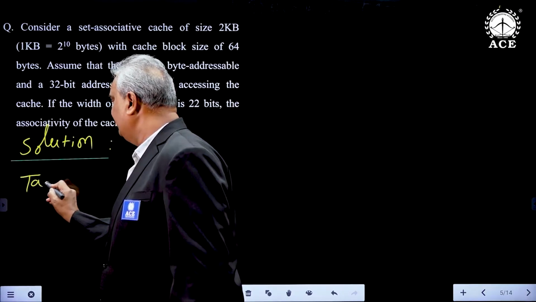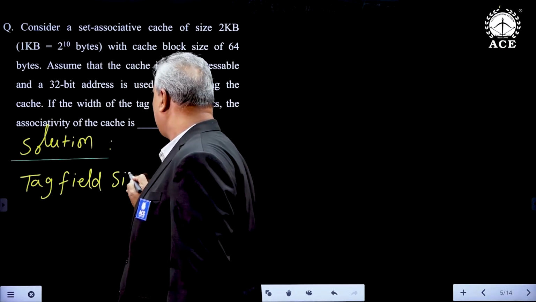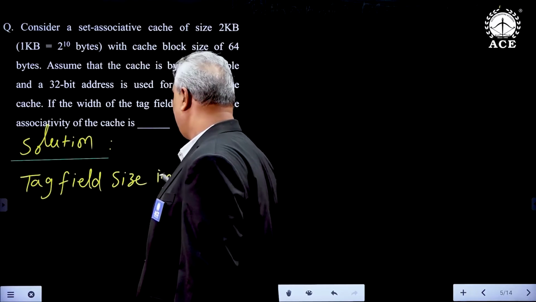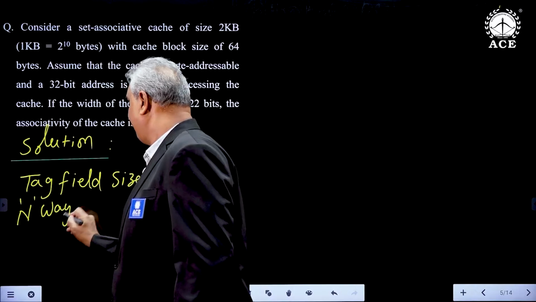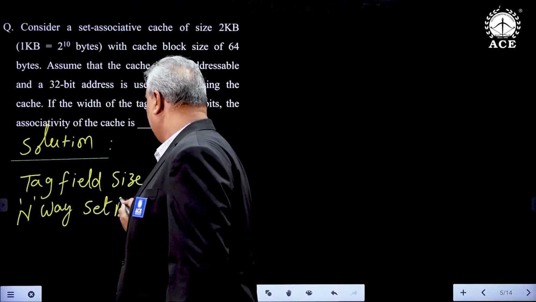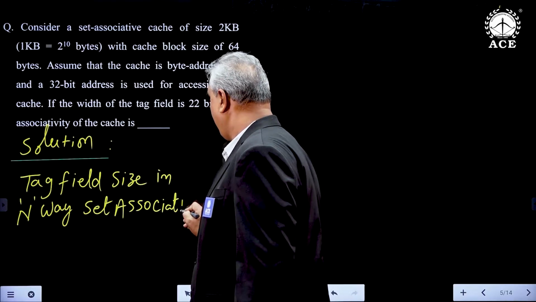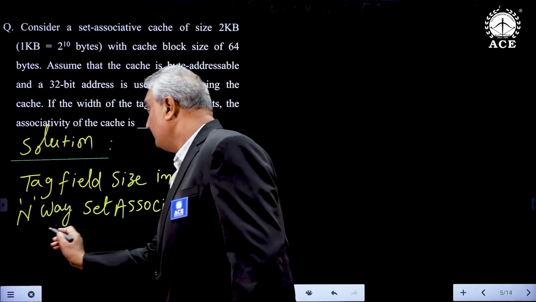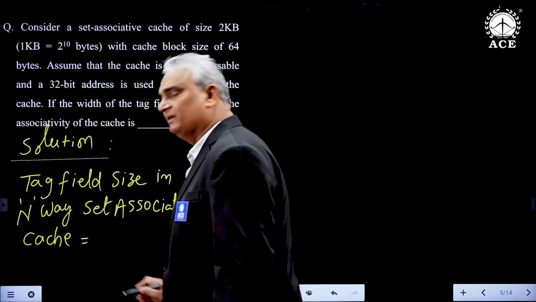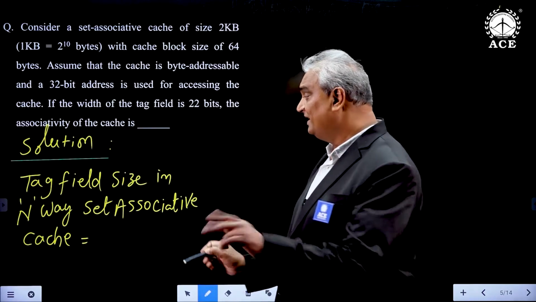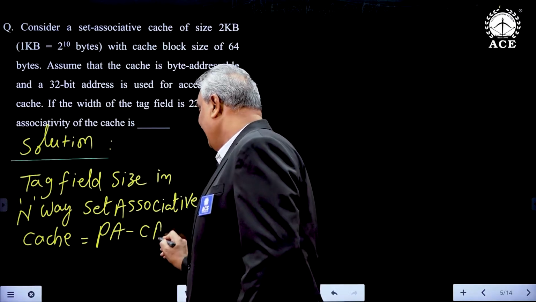It is very, very important: tag field size is PA minus (CA plus log n with base 2).